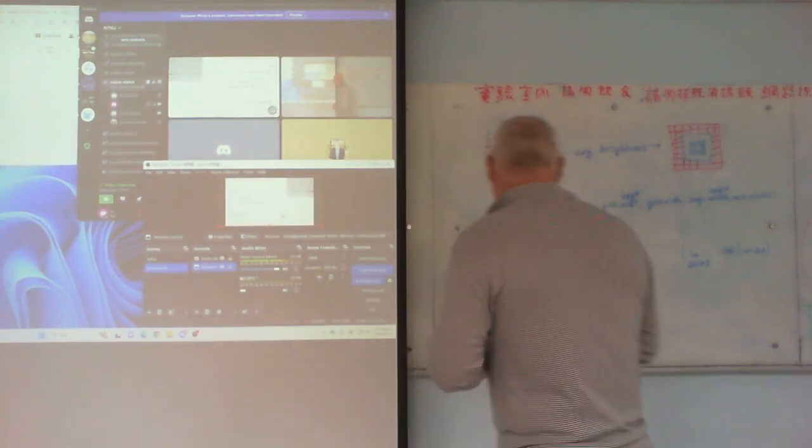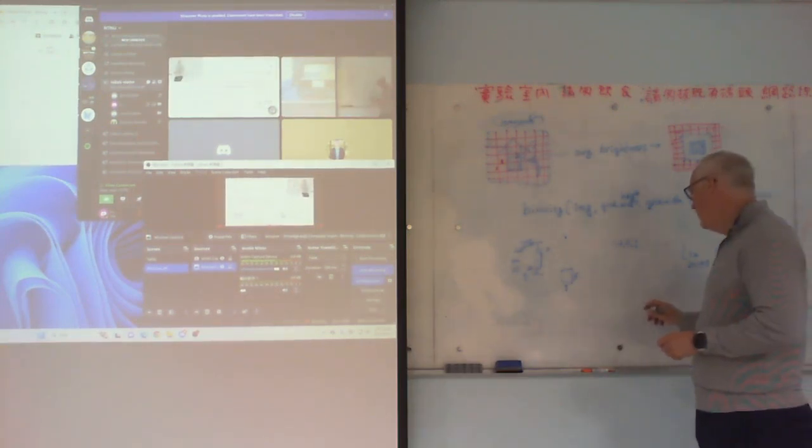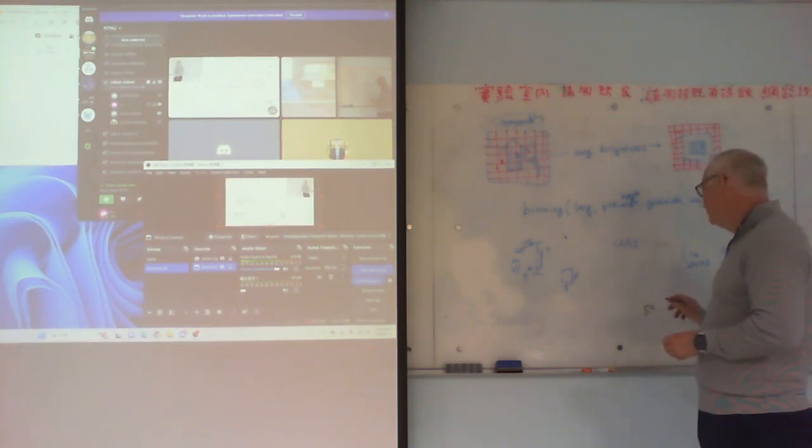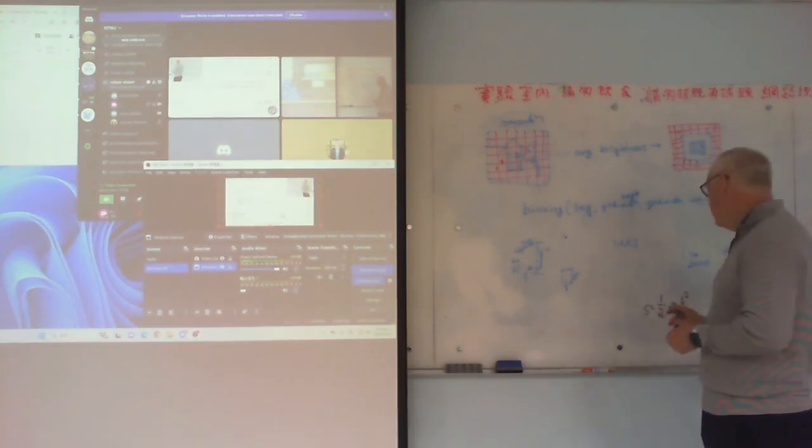Another example of this would be if I ask you about the motion under constant acceleration, then the formula is S is equal to one half times t squared, right?